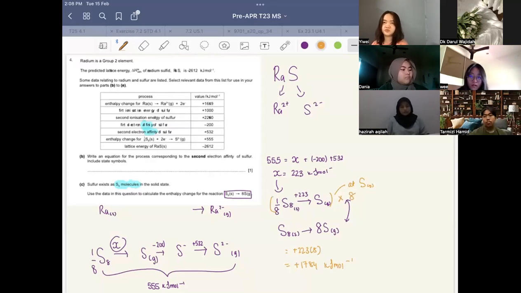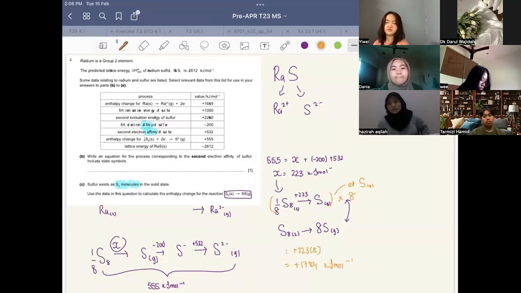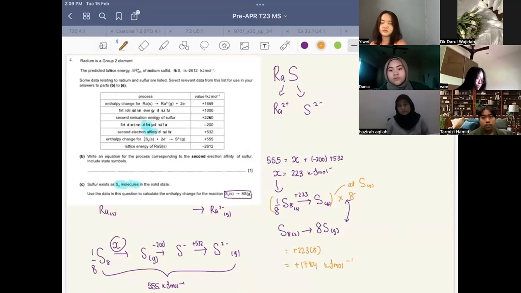What you do not need to learn about is ion polarization, to explain why the thermal stability increases as you go down the group. That one, if I'm not mistaken, is page 8 and 9 of your notes.